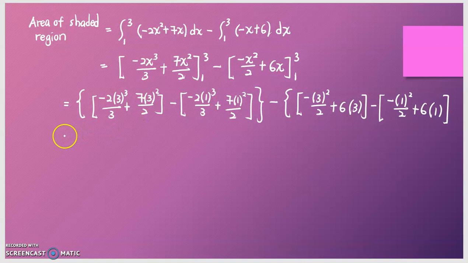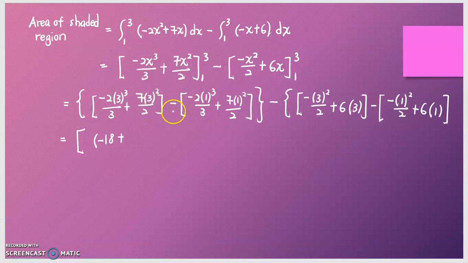So we try to simplify. So from here, the first part will be, let's say here is 3 to the power of 3, which is 27. Divide by 3 is 9. And then 9 times 2 is negative 18. Plus this one, 3 squared times 7, divided by 2.